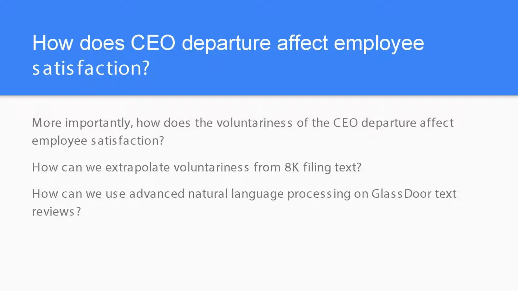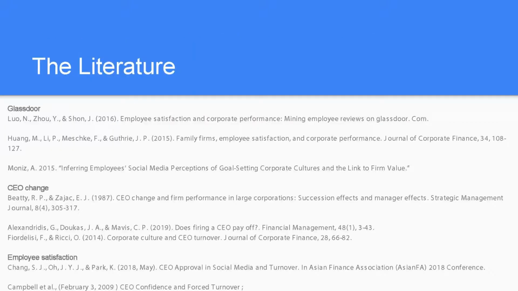So that's something we really started focusing on, and that's what I'm going to talk a lot about today. How can we extrapolate how voluntary a CEO departure is just from the text of an 8K filing? What clues does the text give us to be able to make assumptions about that? That's a big part of what the project became.